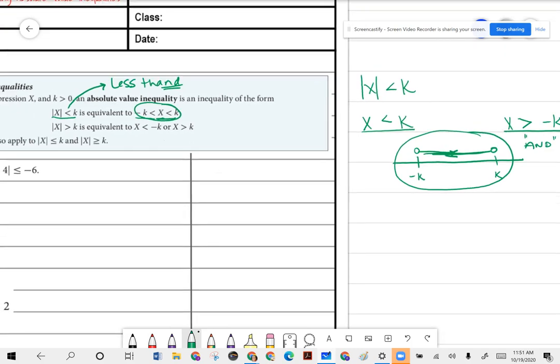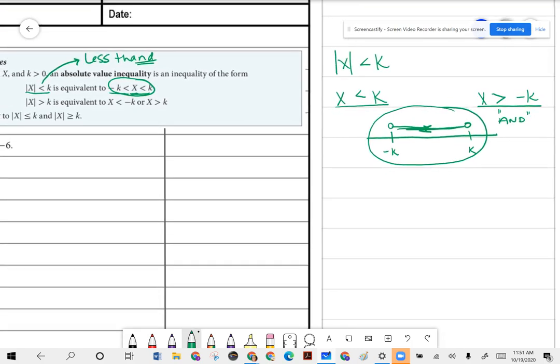All right. Now let's take a look at what the other one is saying. If I have the absolute value of x is greater than k, again, absolute value says you set it up as two equations. Now one is positive, one is negative. But remember, if you multiplied by the negative, then you have to flip that inequality. So now you have negative k here, positive k here on the number line.